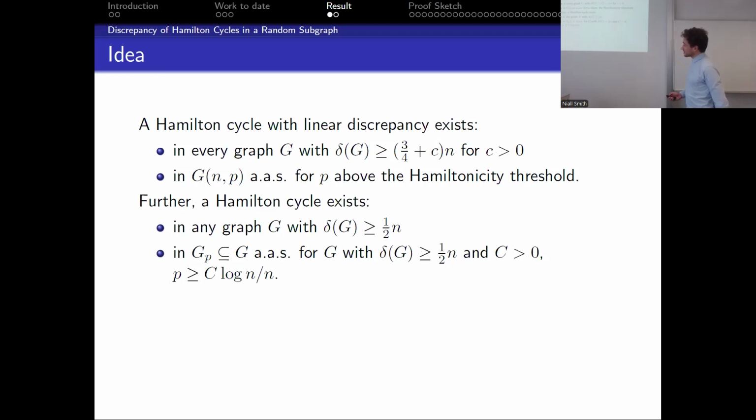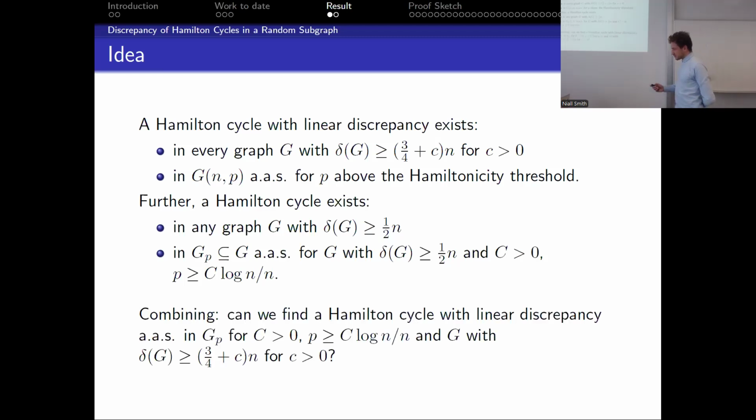So what we asked, what Olaf asked, is can we combine the results and find a Hamilton cycle with linear discrepancy asymptotically almost surely in a random subgraph, for big constant C, p above C log n/n, and G with minimum degree (3/4 + c) times n for small c.